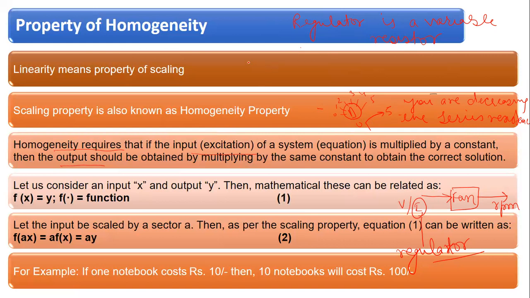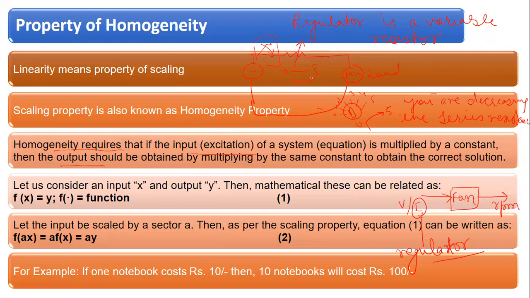So let us say you have a supply, AC supply, you have a regulator, which is a variable resistor. So this is the symbol for a variable resistor. And then you have a fan, which is a load. So there is a switch also. So when you turn on the switch, from 0 to 5, you have a range of the regulator.